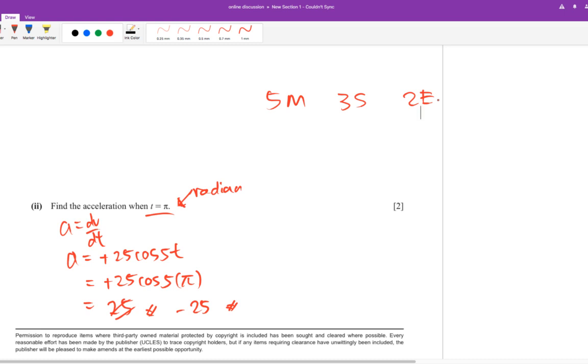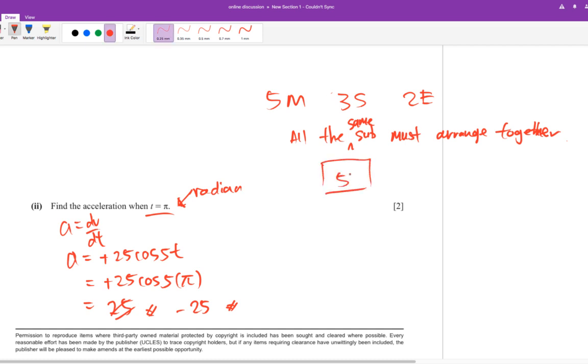Right now, if I say all the same subject must be arranged together, that means you need to do all the math together, all the science together, and all the English together. So it's very simple. You just imagine you group the 5 mathematics together, 3 science together, and 2 English books together.